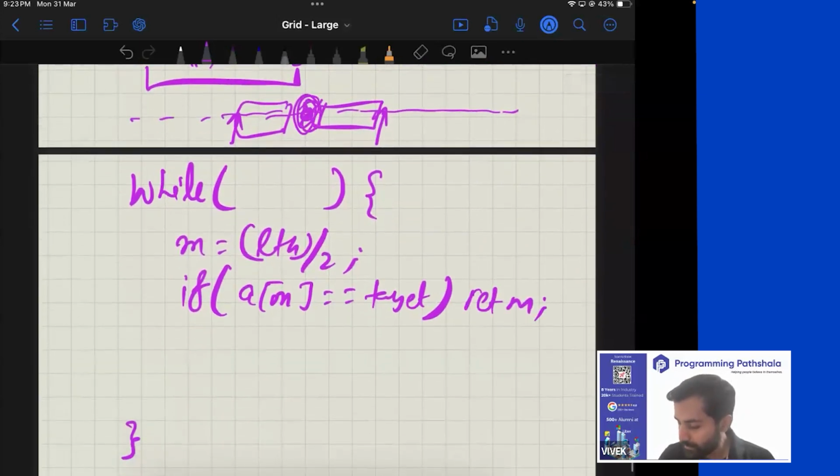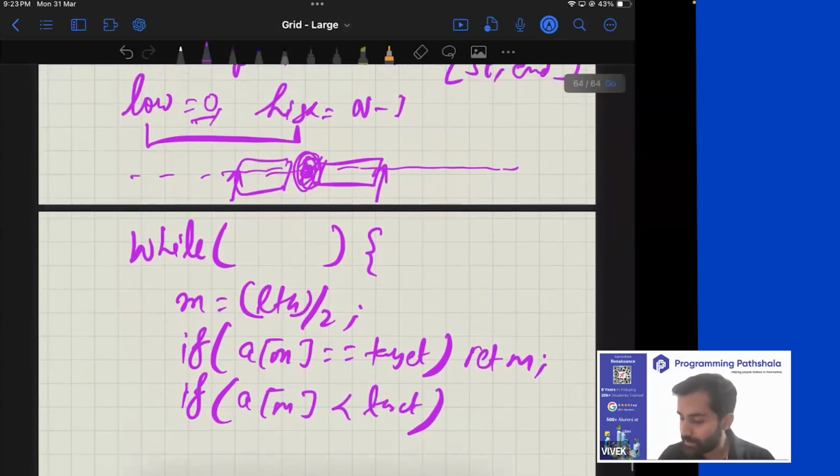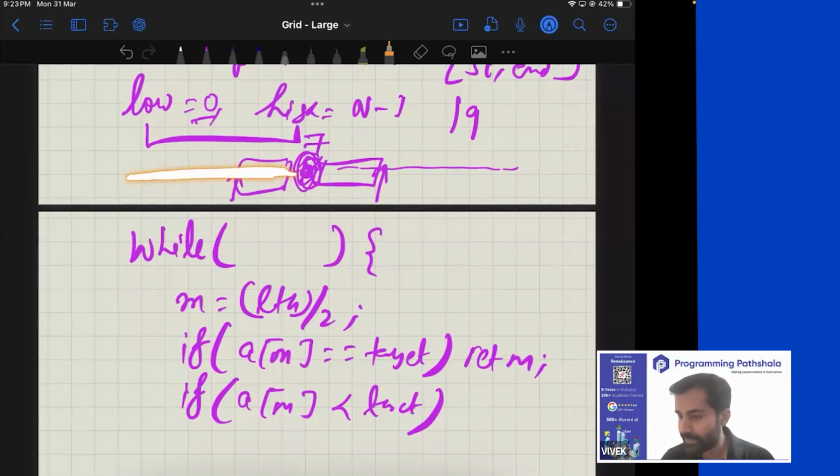But on the other hand, if you realize that your middle element is smaller than target, so just imagine your target was 19, but your middle element was 7. What would you say in this case? You would say that, hey, my answer will definitely not lie in the left part, because in left part, the values will be further smaller than 7.